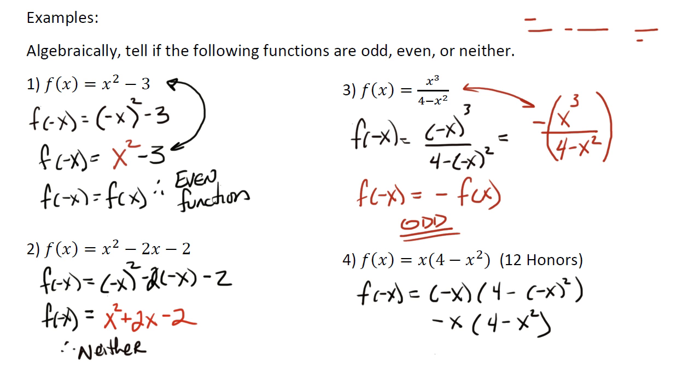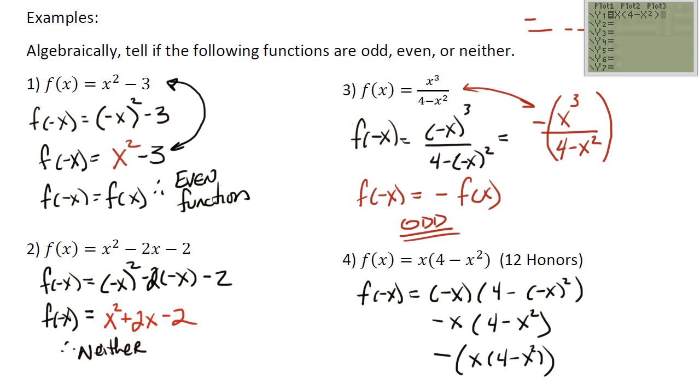Well, I could take the negative out front and go like this. And what we can say is this is the opposite of the original graph. And I'm going to type this in. And we hit graph. This is very similar to things we've been doing in class with the polynomials. And so you can see it's symmetric through the origin. So this is actually an odd function.